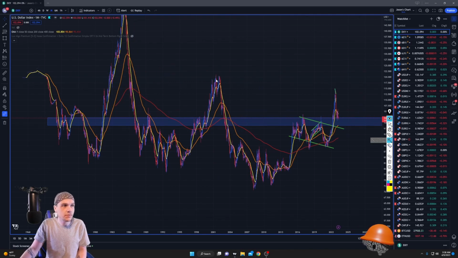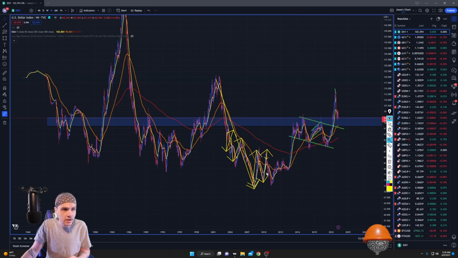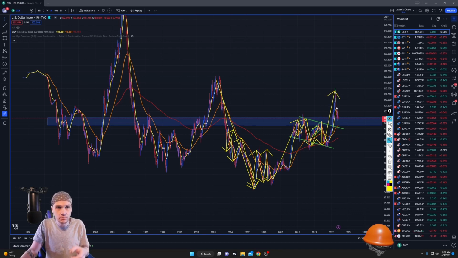So you can see from here we had this impulse move, which had some pullbacks in the move. So we had that, there's our impulse, then we had a correction, then we had an impulse, then we had a correction, and now we just had another impulse. Is this the end of the impulse, or is this just a pullback in the overall impulse move?